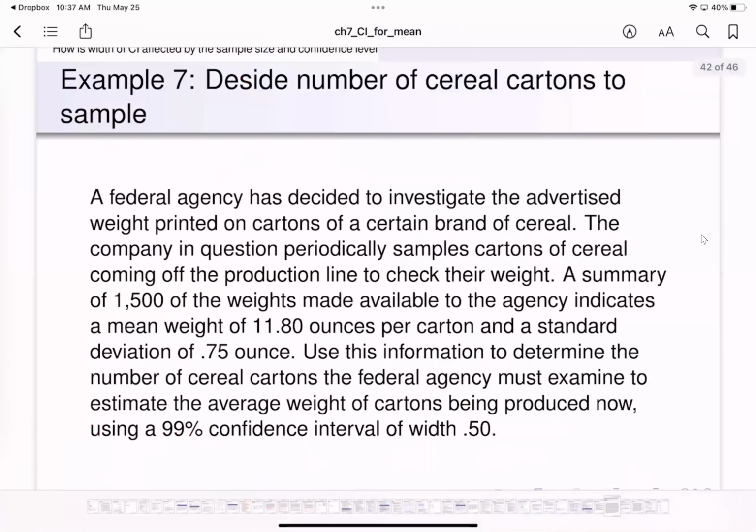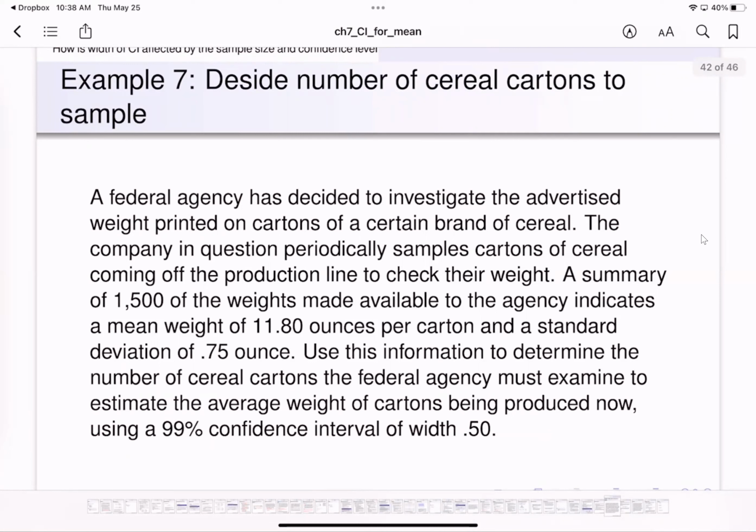Here's an example. Decide the number of cereal cartons to sample. A federal agency decided to investigate the advertised weight printed on cartons of a certain brand of cereal, and the company in question periodically samples the cartons coming off the production line to check their weight.